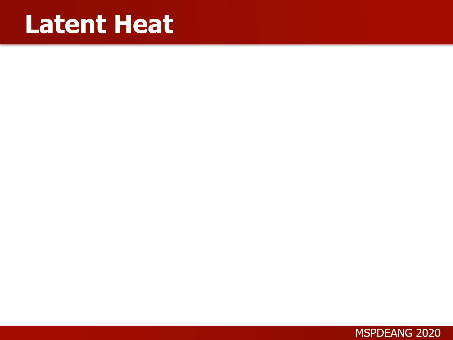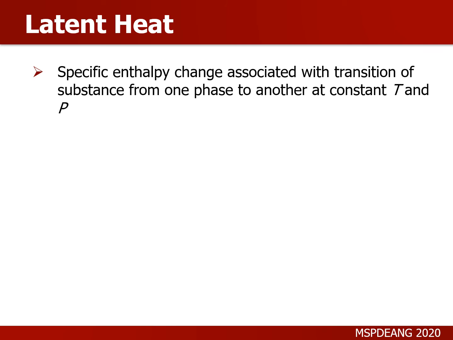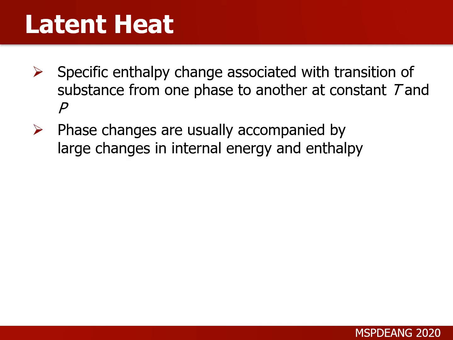Latent heat is defined as the specific enthalpy change associated with the phase transition of a substance at constant temperature and pressure. Typically, these phase changes are accompanied by large internal energy and enthalpy changes. The typical latent heats are the latent heat of fusion and the latent heat of vaporization.